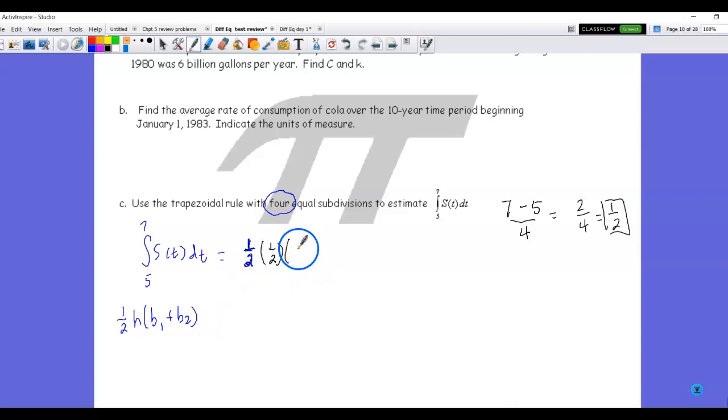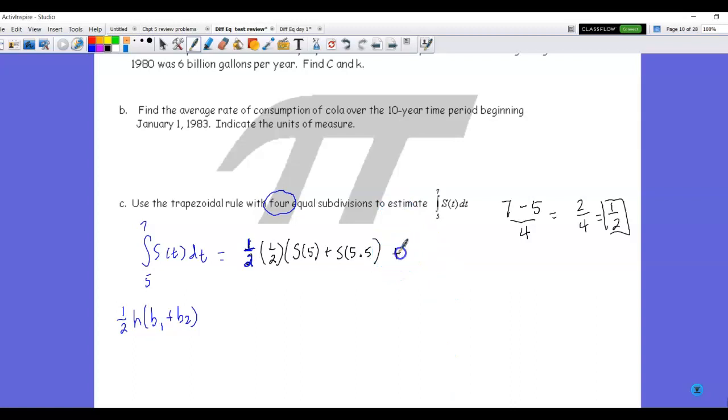So base number 1 would be cola consumption at 5 plus cola consumption, and remember we're moving half a unit because our base is 0.5, so S of 5.5. That is the area of trapezoid number 1.